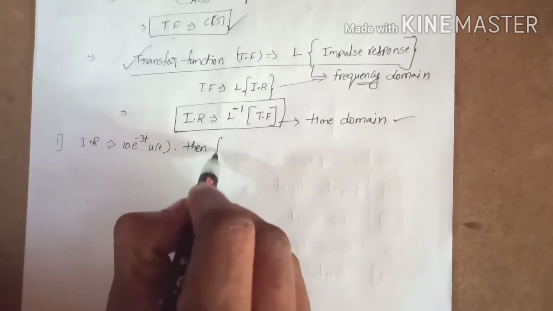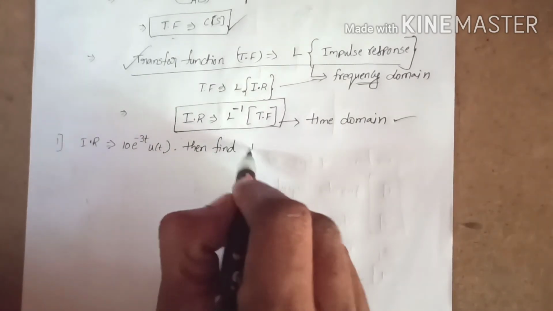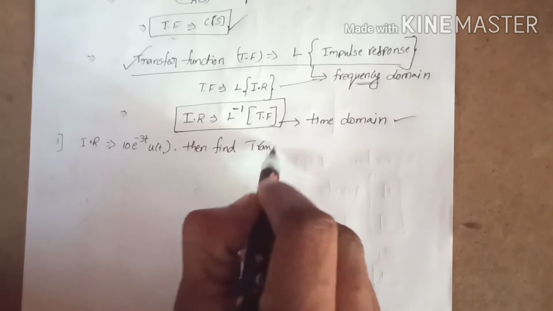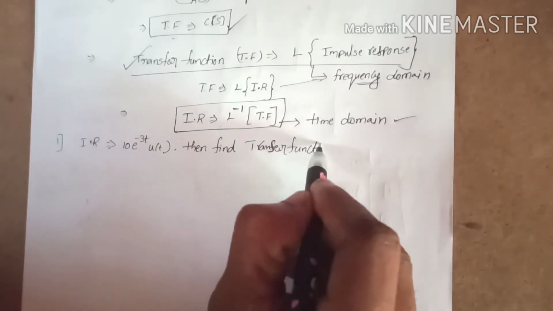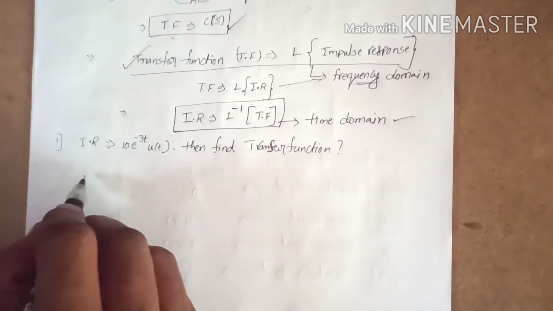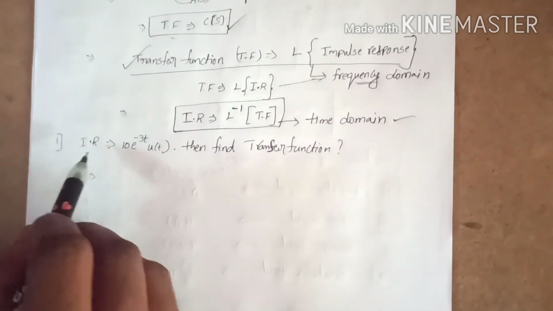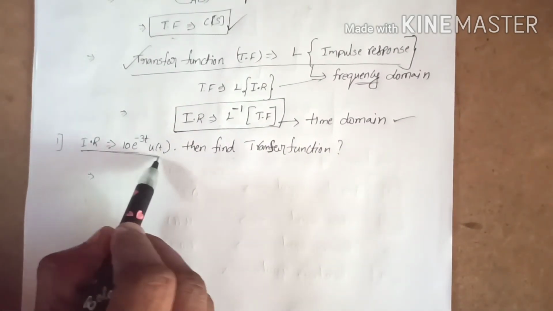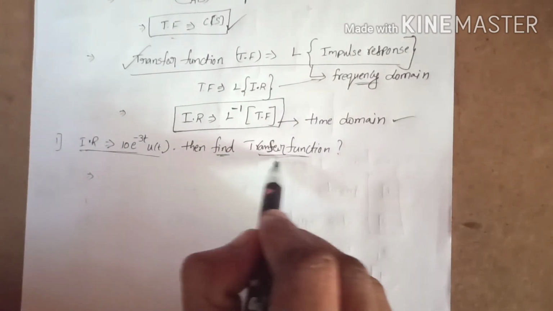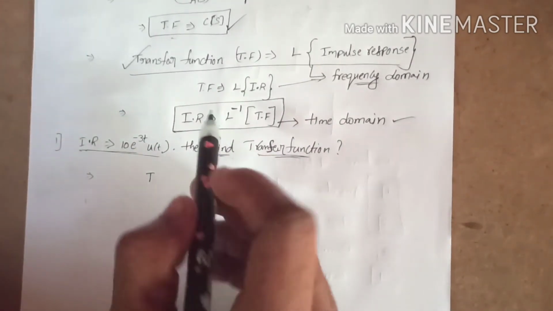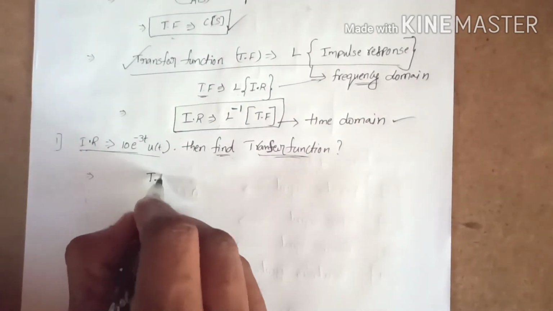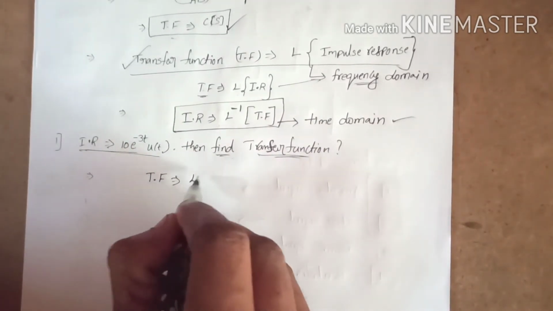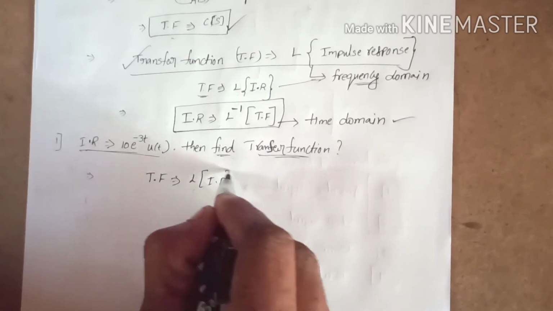Then find the transfer function. So he has given the impulse response and is asking for the transfer function. So we already have to know the formula. Transfer function equals Laplace transform of impulse response.